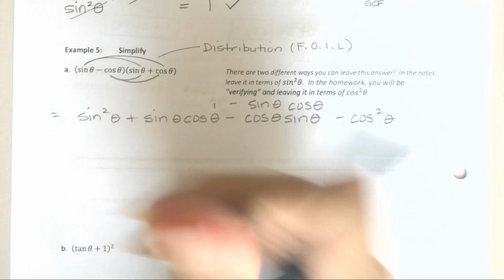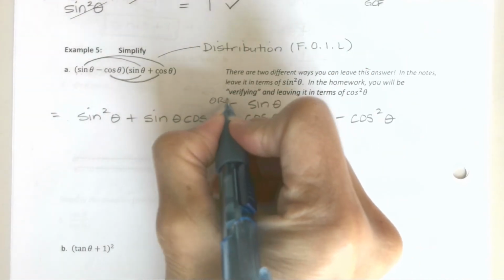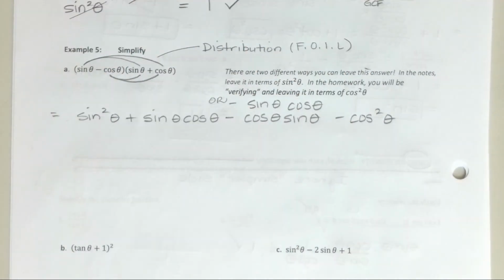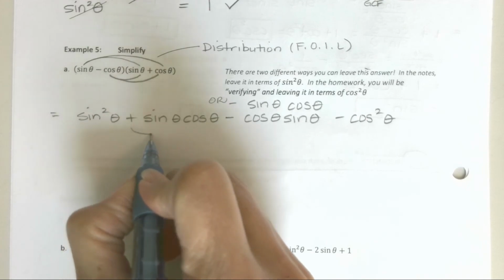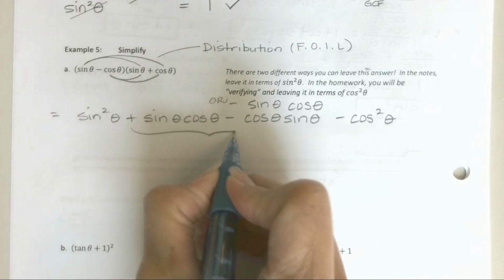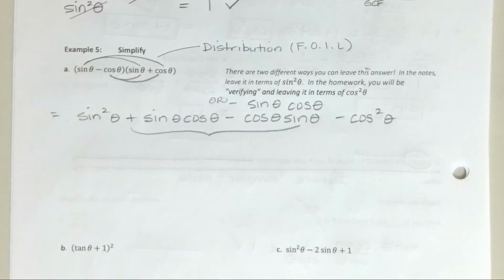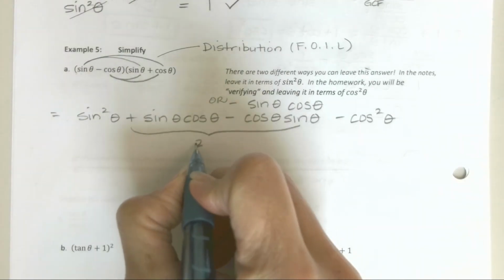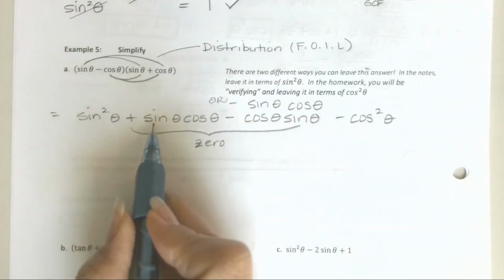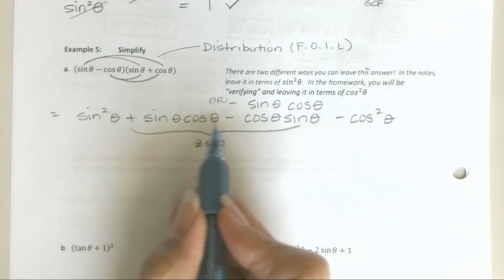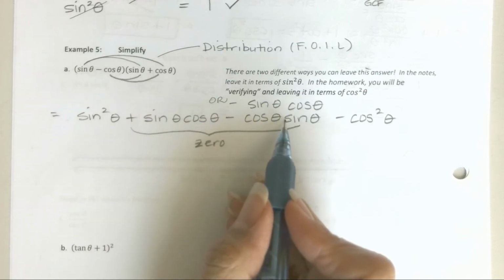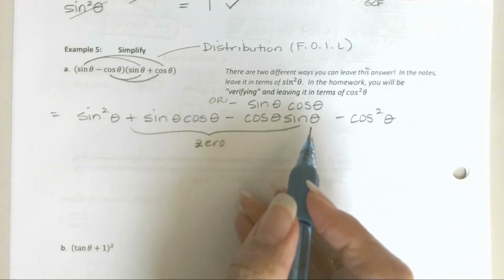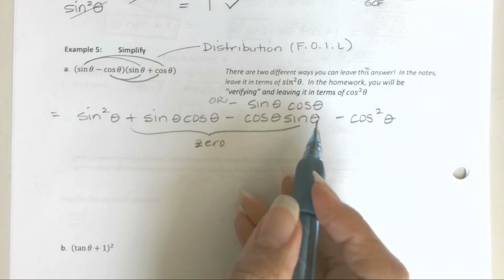Let me write this better as singular. Okay. So notice that your 2 middle terms in this scenario are going to end up being 0. They're going to zero out because a positive sine theta cosine theta and a negative sine theta cosine theta makes 0, like negative 2 plus 2 or negative 3 plus 3.